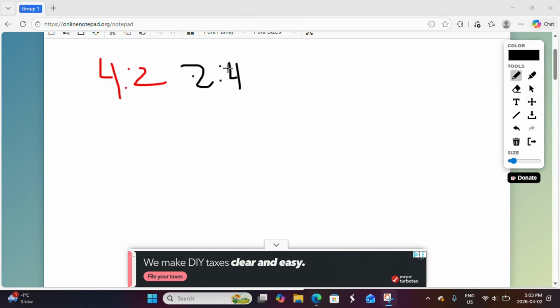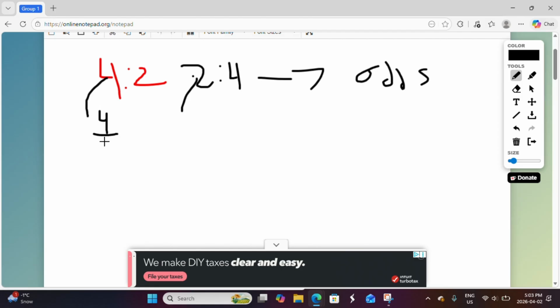Okay, so this is odds, but if you want to turn that into probability, you'd have to take the number of successful outcomes compared to the total amount of outcomes. So, for example, this would be 4 out of 6.